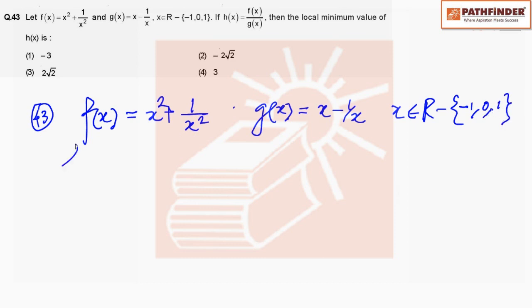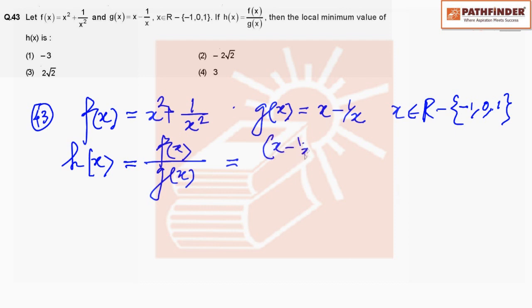Now hx is what? Hx is fx by gx. Now we can write them as x minus 1 by x whole square plus 2 by x minus 1 by x.